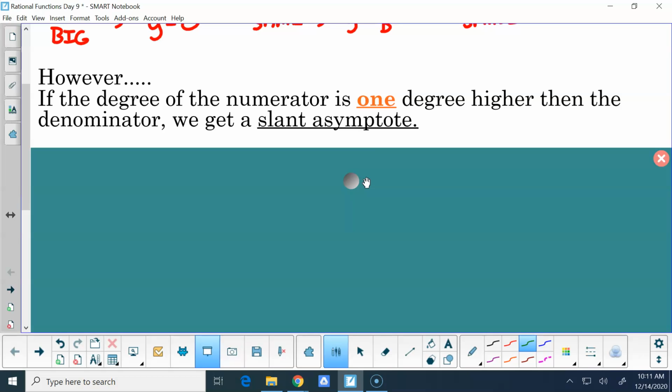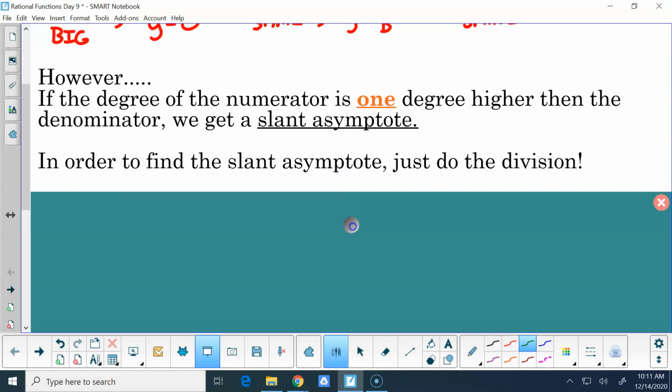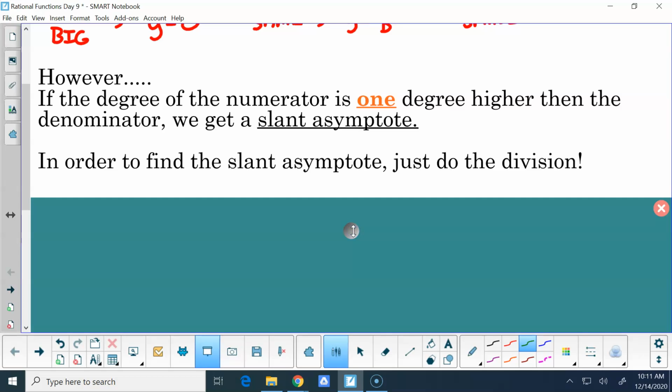In order to find the slant asymptote, we do the division. So we're just going to actually do that division. Okay?